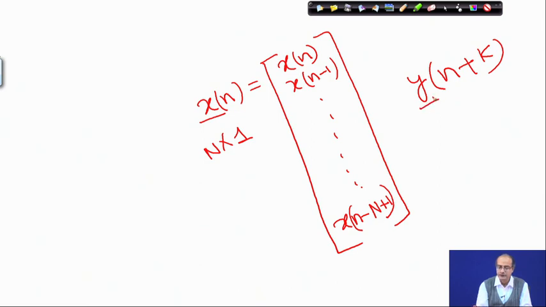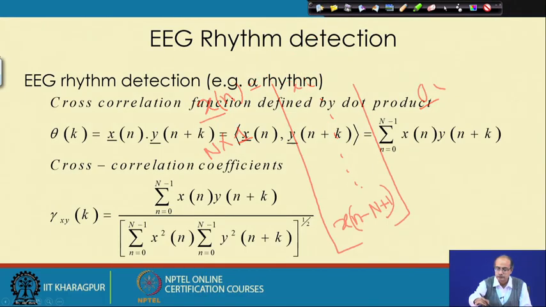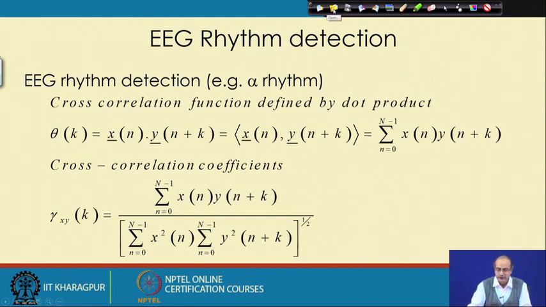That is again a vector; the first element would be y(n plus k), and it goes up to y(n plus k minus N plus 1). In a simple way we can write this as the summation of the product of the two signals x(n) and y(n).